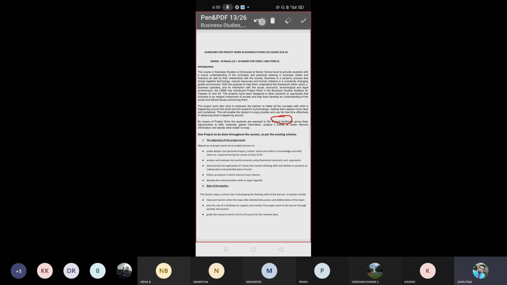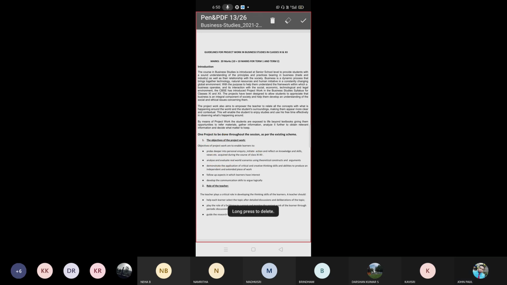Okay, first one, the objectives of the project. What is the main goal? To go deeper into personal inquiry, initiate action, reflect on knowledge and skills acquired during the course of grade 11 and 12. Analyze and evaluate real world scenarios using theoretical constraints and arguments.